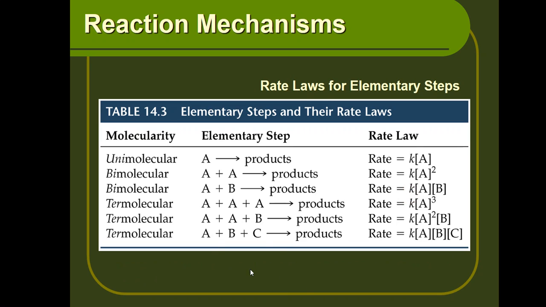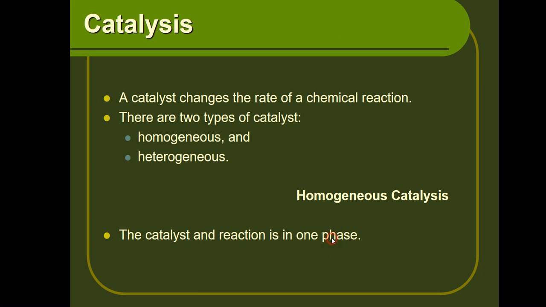Now here are examples of elementary steps, because you only have one particular reaction to illustrate the formation of the product from reactants. And you have here the molecularity, and you have here the rate law as I have discussed a while ago. So bi, ter, unimolecular reactions. These are their elementary steps.